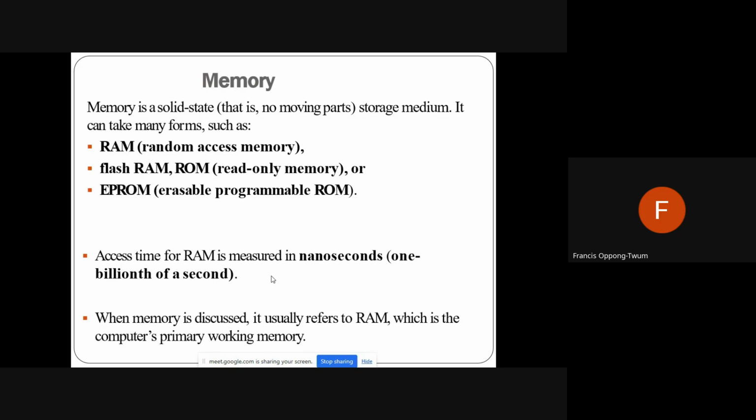When memory is discussed, it usually refers to the RAM, which is the computer's primary working memory. Anytime we are discussing the memory, we are referring to the RAM. And when we talk of the RAM, we regard it as what? As the computer's primary working memory.